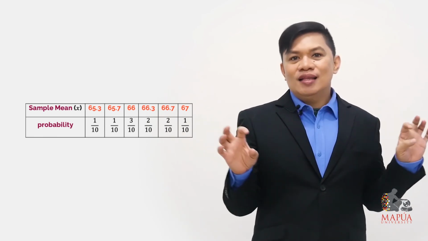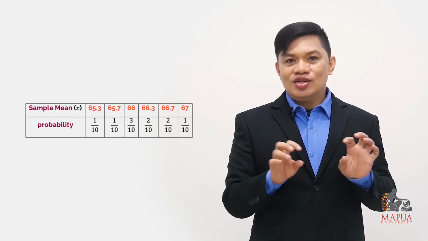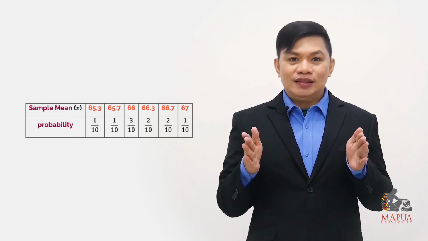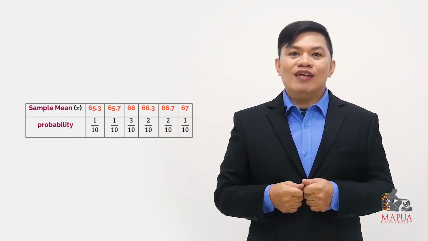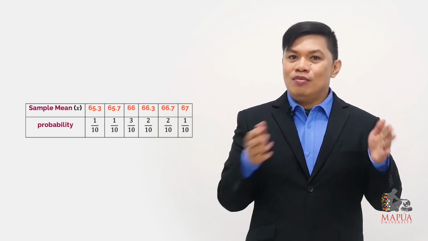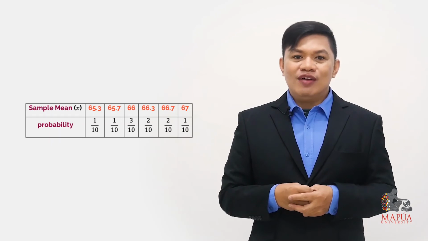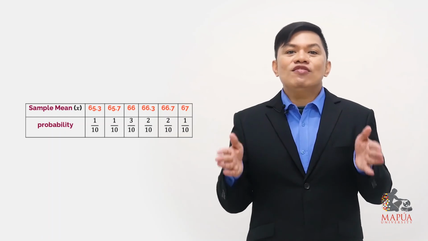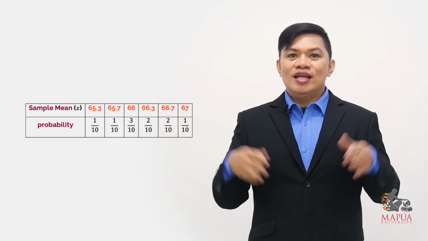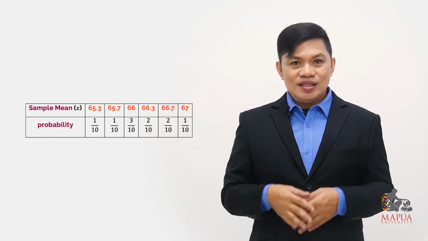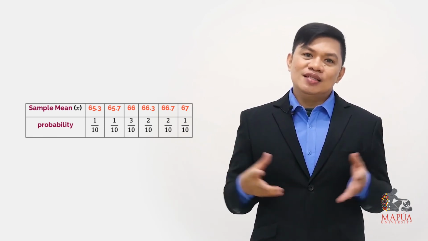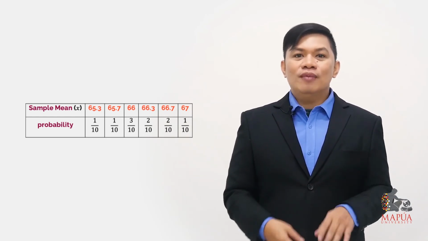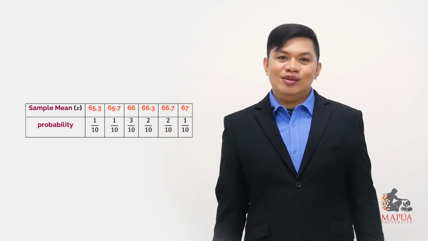Let's arrange the possible values in ascending order from lowest to highest. The first value is going to be 65.3, correct? And then the second will be 65.7. And then you'll have 66, 66.3, 66.7, and finally 67. Those are the 7 values of the random variable.